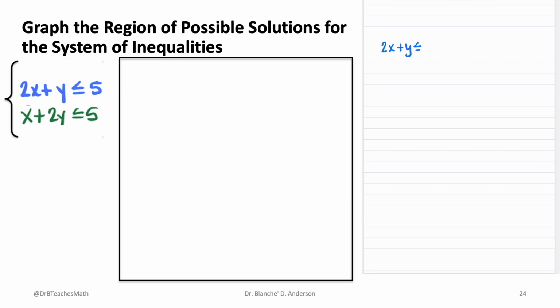2x plus y is less than or equal to 5. And then we have x plus 2y is less than or equal to 5. We know that this is going to be a solid line because of the less than or equal to, and this is also going to be a solid line. I'm going to put these in slope-intercept form.